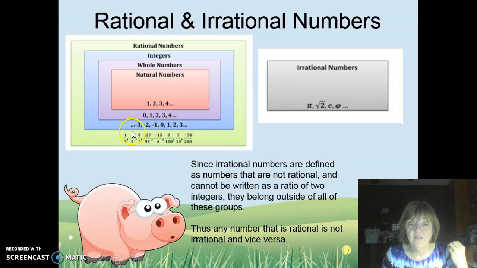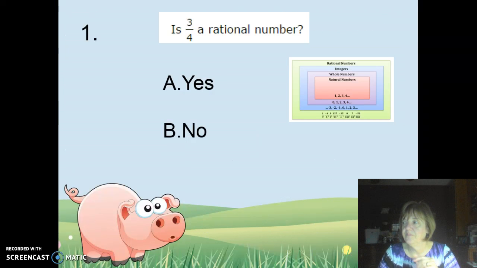You guys all know that that line means division. If you put that into your calculator, these numbers end, they terminate, okay? So it's easier to say what's not rational, because very few things are irrational, very few.